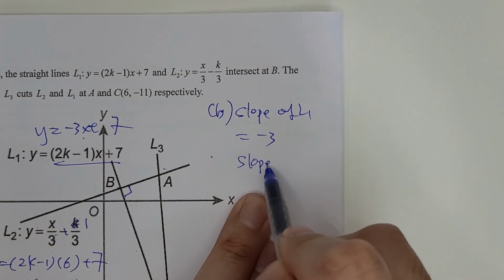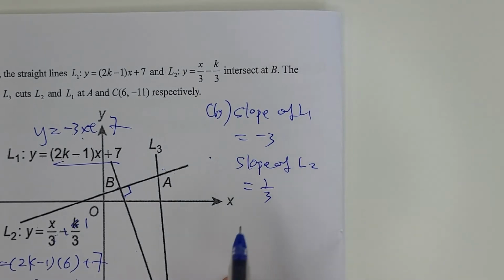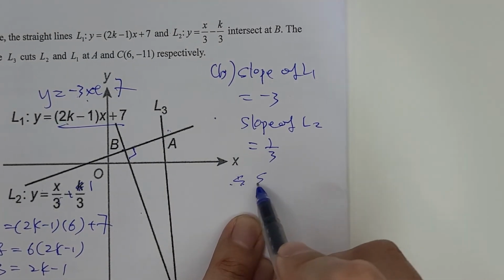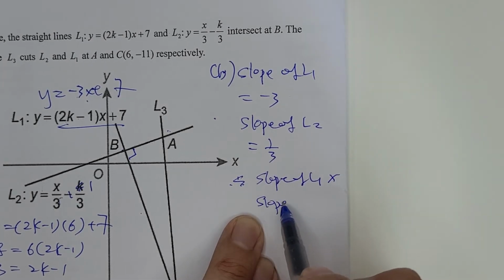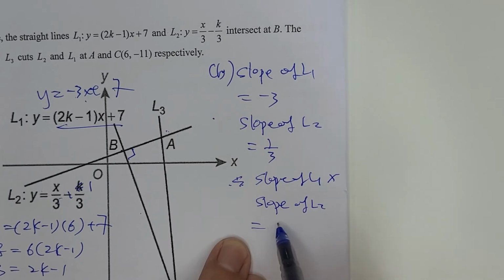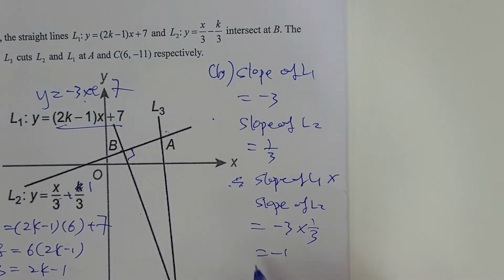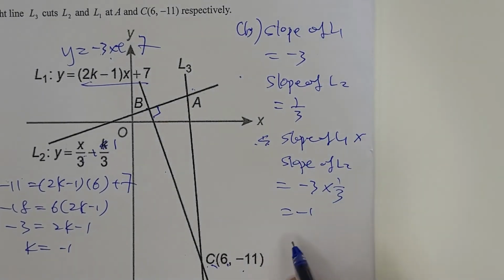And then slope of L2 is 1 over 3. Now you must show this step to the marker. Slope of L1 times slope of L2 is negative 3 times 1 over 3, that is negative 1. You must have this process because you need to show they are perpendicular to each other.